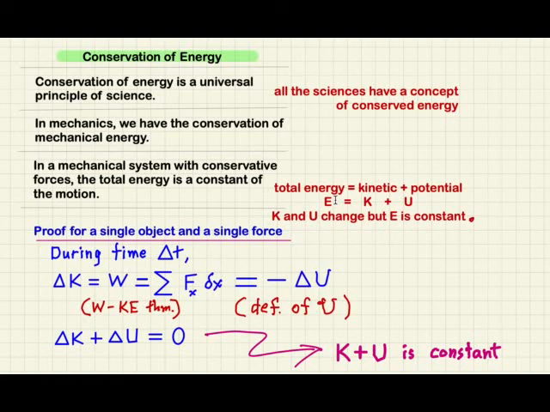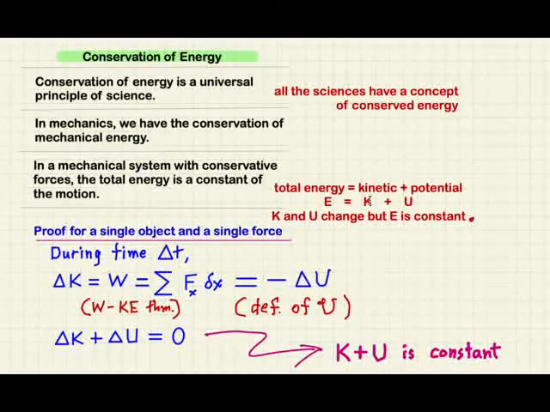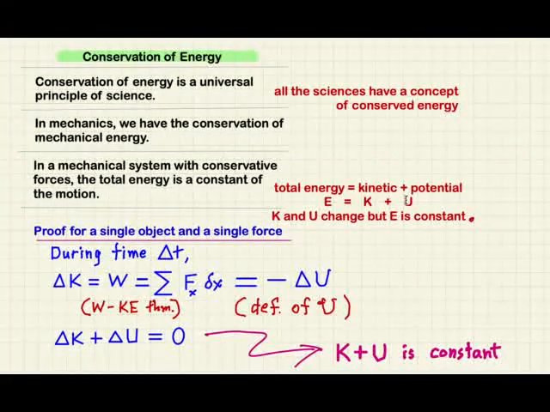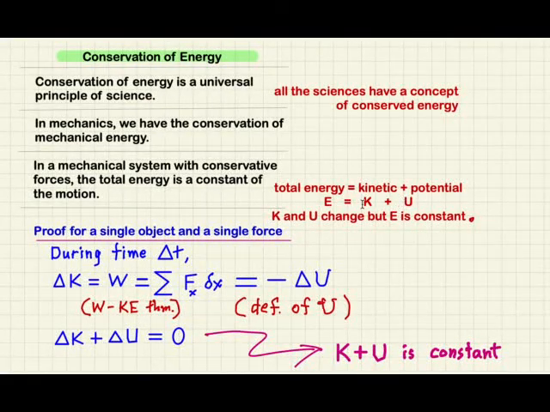Now, as things change, as objects move, kinetic energy will change. When something moves faster, it has more kinetic energy. Potential energy will change. When an object moves uphill, it has more potential energy of the gravitational force. So kinetic energy, K, and potential energy, U, will change as the system moves.